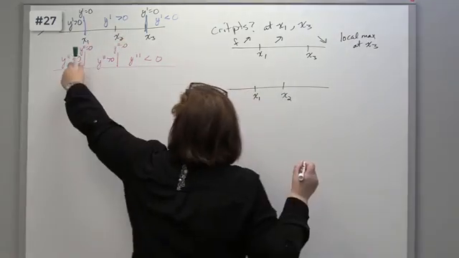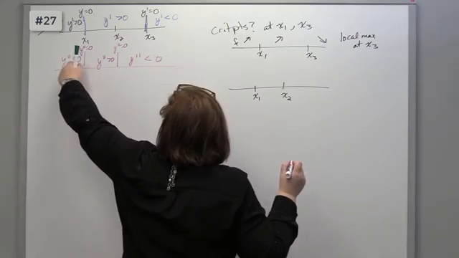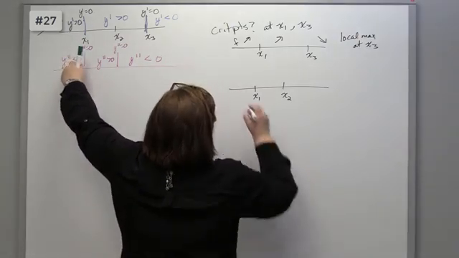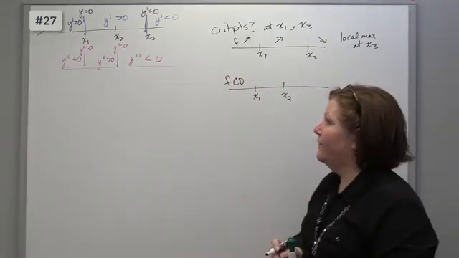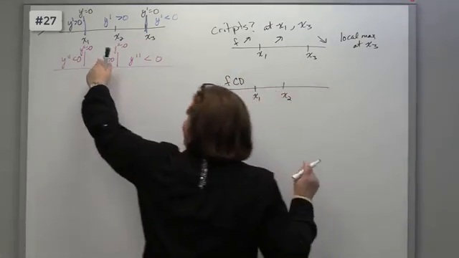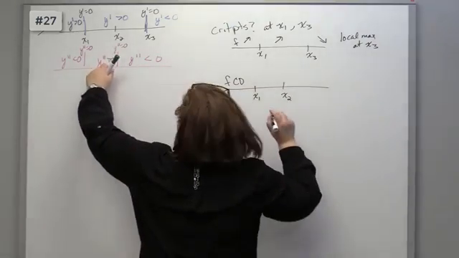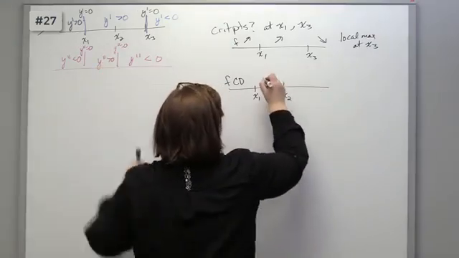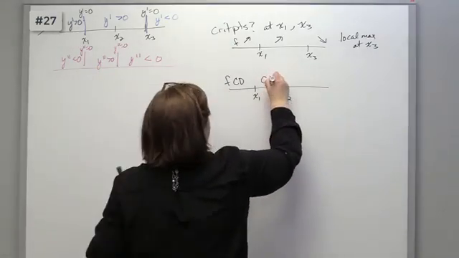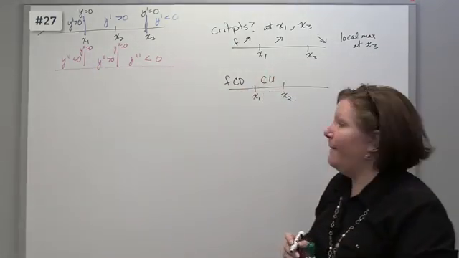And before x1, the second derivative was negative. So that tells me we're concave down. And then after x1, f double prime is positive. So that tells me we're concave up.